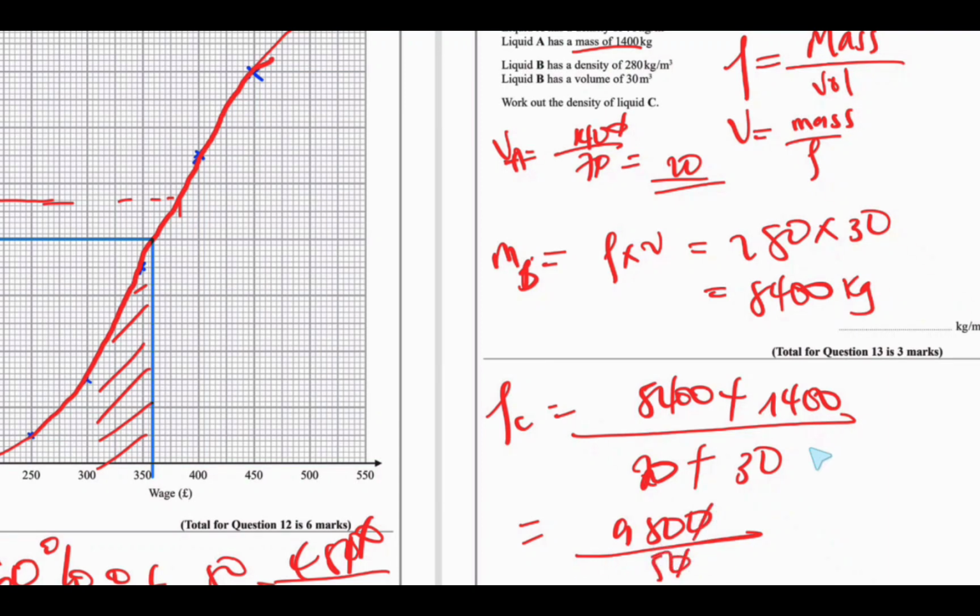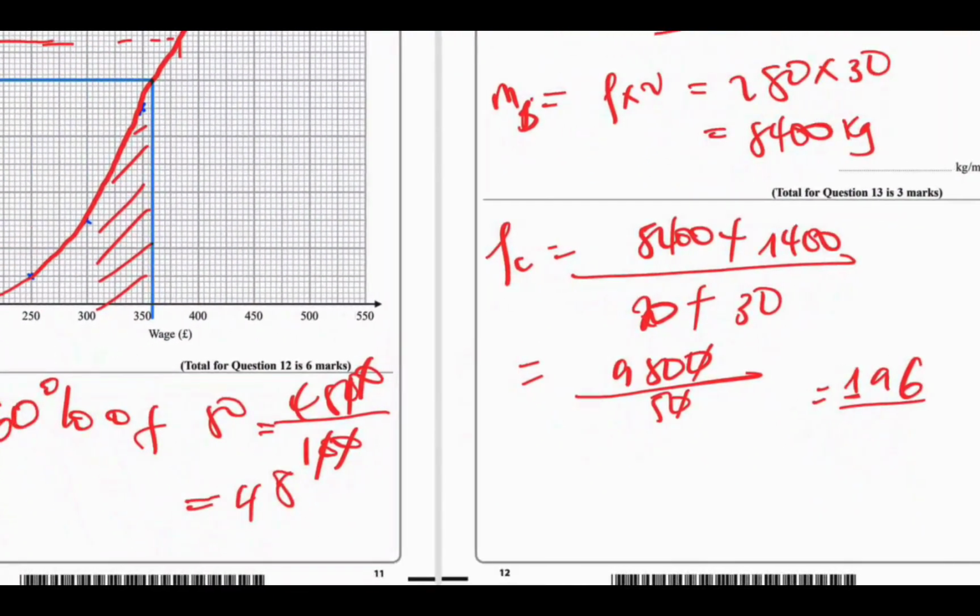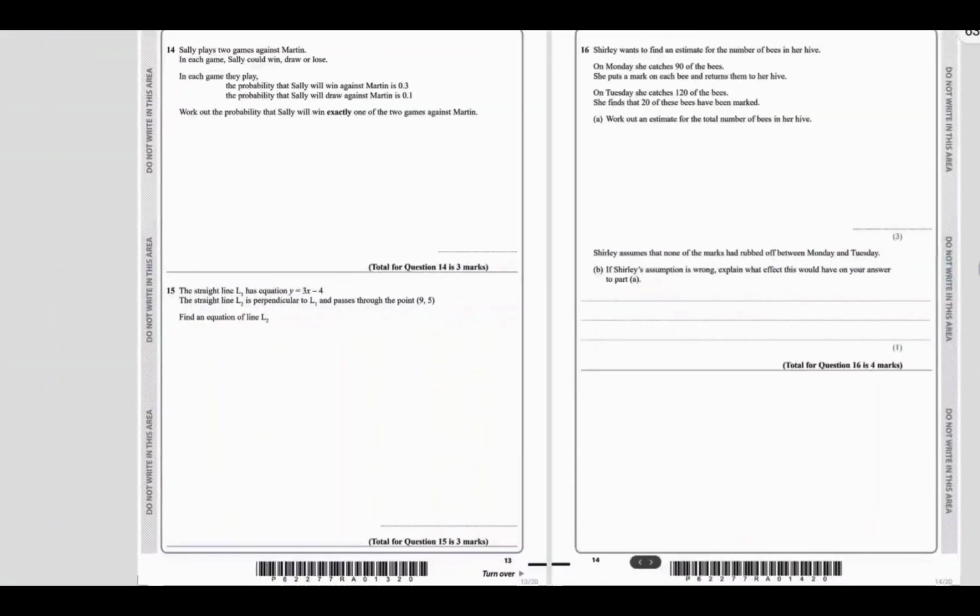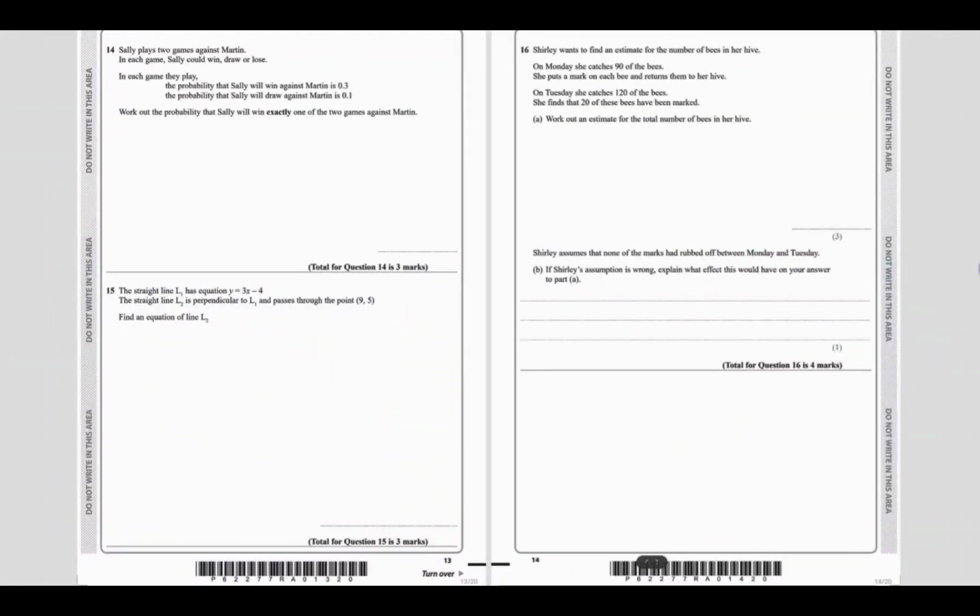You can use the bus stop method to work this out, and your answer should be 1, 9, 3 left over, 6, 196. Okay, that should be your answer. And now let's move on to the next question, shall we?